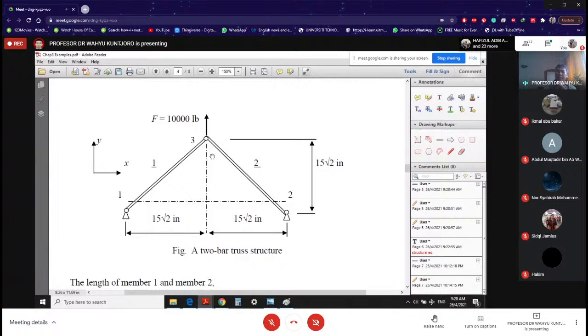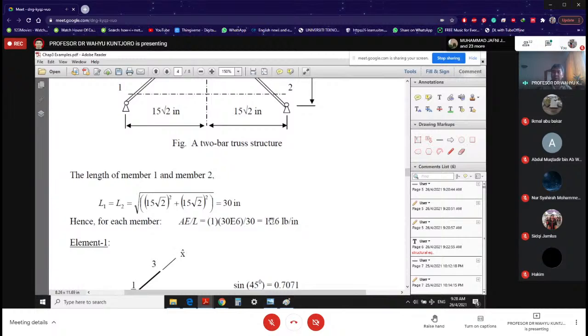At node number 3, D3x and D3y are unknown. They can move. Whether they are 0 or not, we are going to calculate. What we cannot state is that they have to be 0. Of course not. They can move. So the number can be anything, including 0. So D3x and D3y are unknown.